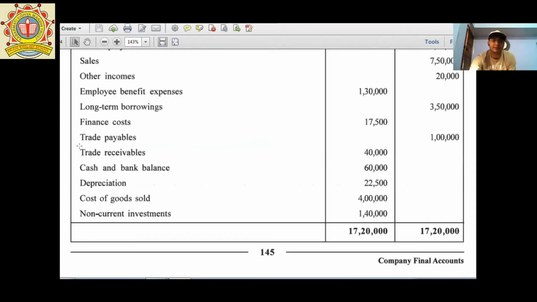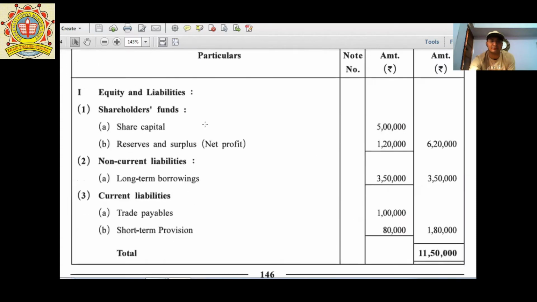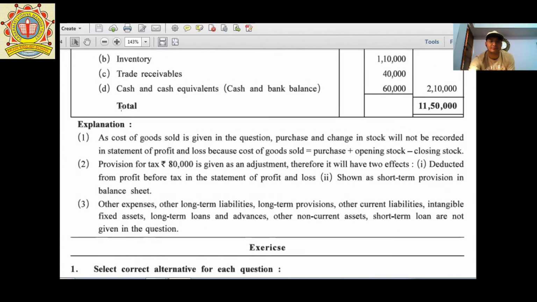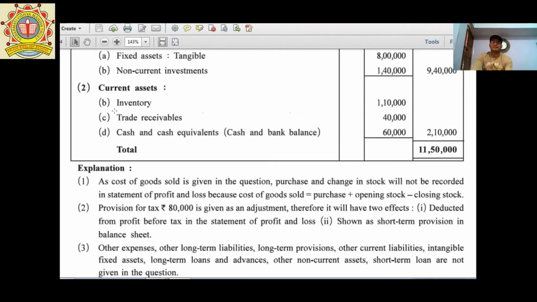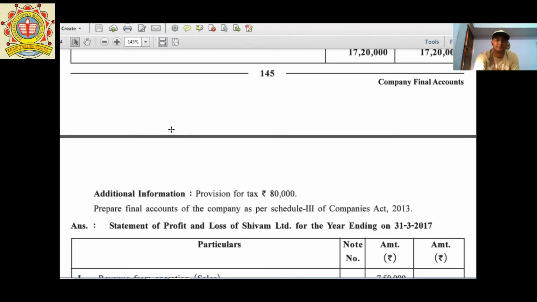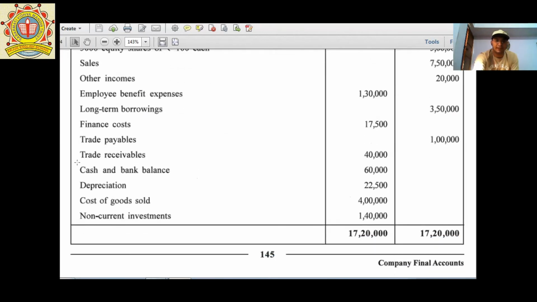Next, trade receivable is a part of current assets. Cash and cash equivalent is in the same way part of current assets. So we have to present 40,000 and 60,000 on the asset side. Trade receivable as well as cash and cash equivalent, for 40,000 and 60,000, under the head of current assets on the asset side. Next one, depreciation and cost of goods sold.